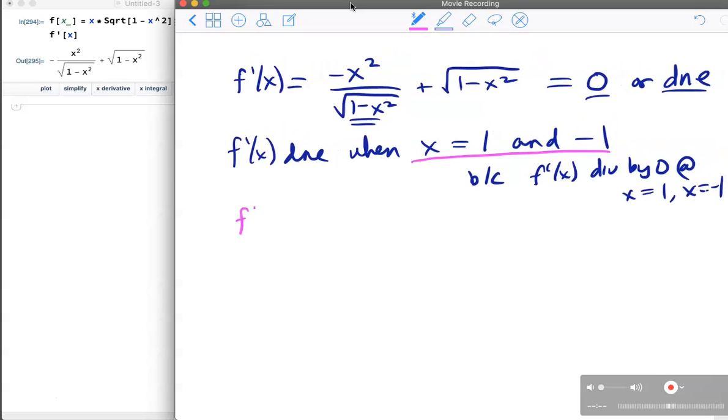There might be a place, is there a place where the derivative is actually equal to 0? Are there other critical points? So we need to look at this equation, x squared over the square root of 1 minus x squared, and we need to set that equal to 0, so I'm going to move the square root to the other side with a minus sign. Okay.